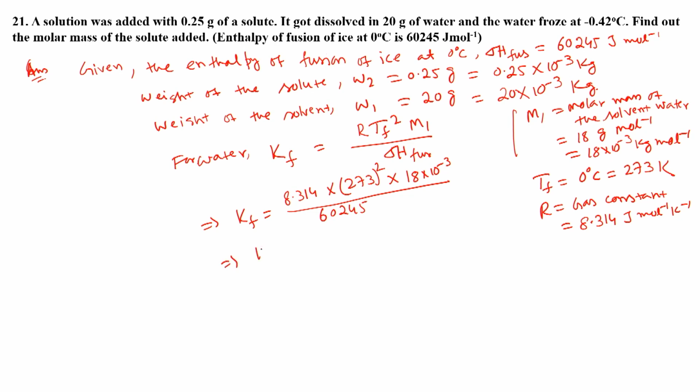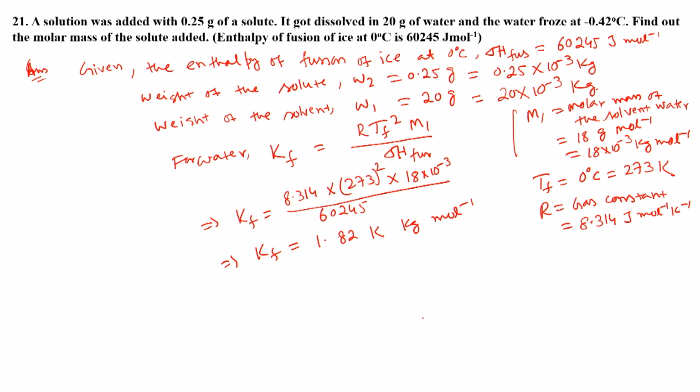So if we calculate this, we get Kf is 1.82 Kelvin kg mole inverse. So once we have Kf, now we need to calculate M2 from the expression of molality.